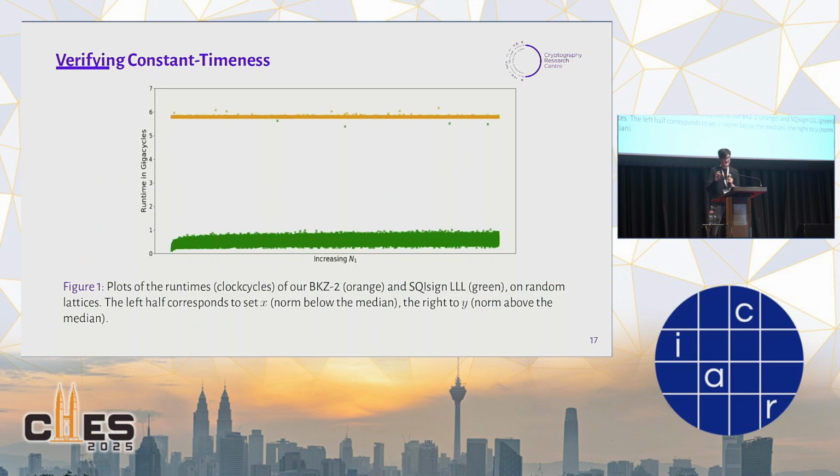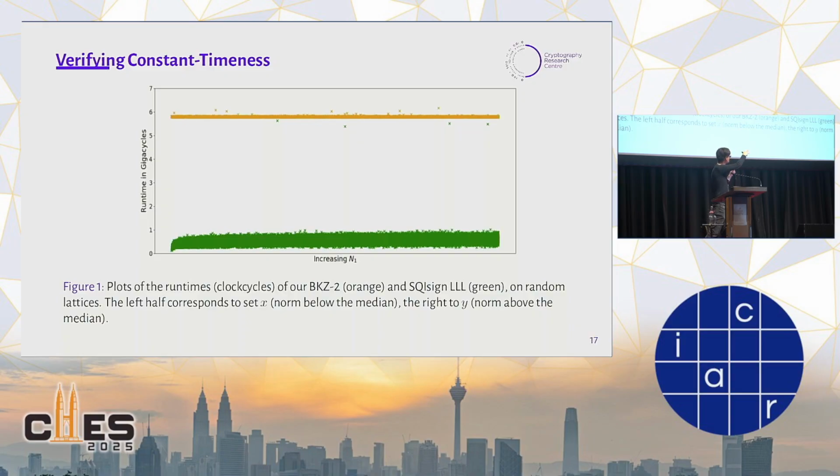So, mathematically we are constant time, but what happens in practice? Here on the figure, you can see the runtimes in gigacycles of both our algorithm, the orange line, and the competitor's, the green line, against the determinants of lattices. As you can see, the green line depends on the determinant of a lattice as predicted, and our orange line is flat.